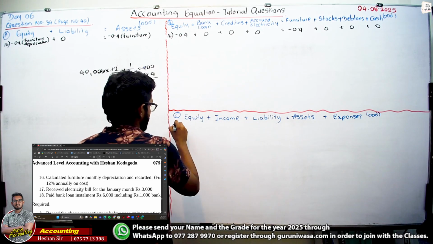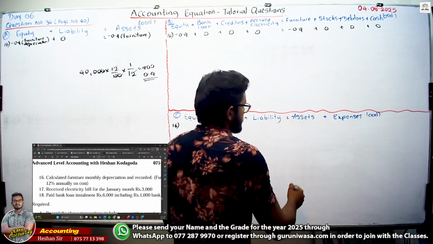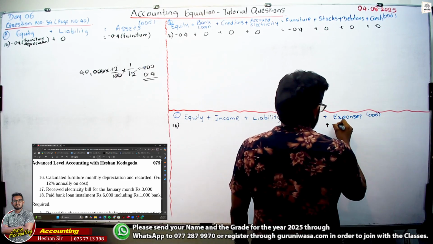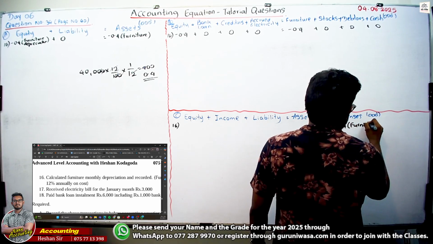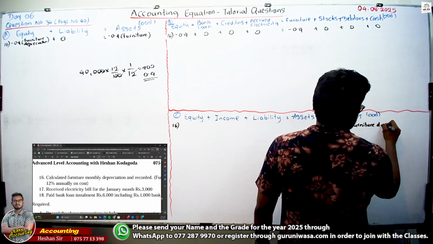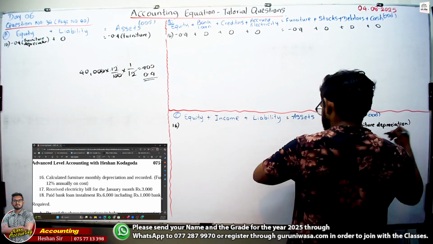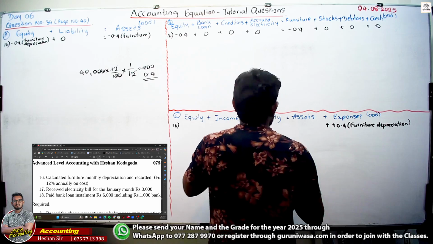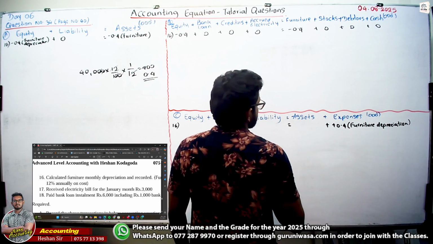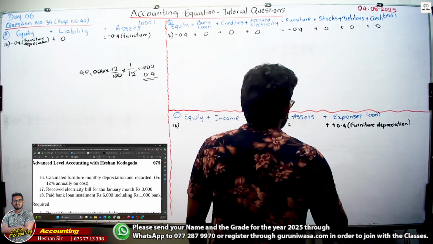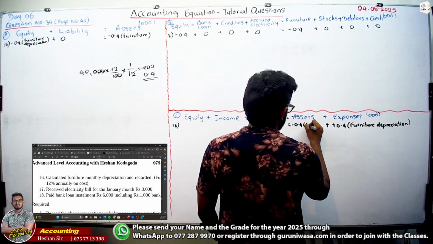Number 16, expense increase 0.4 as furniture depreciation, asset decrease 0.4 as furniture.